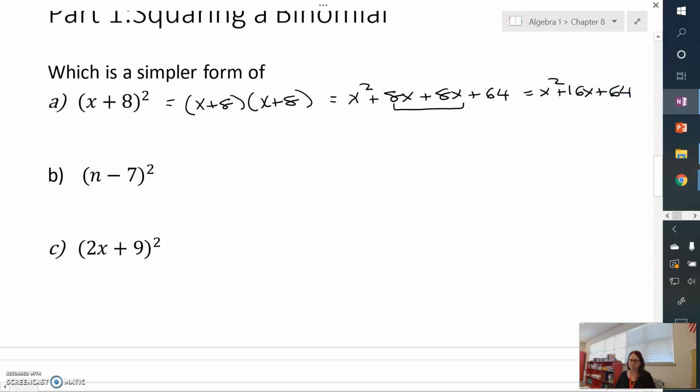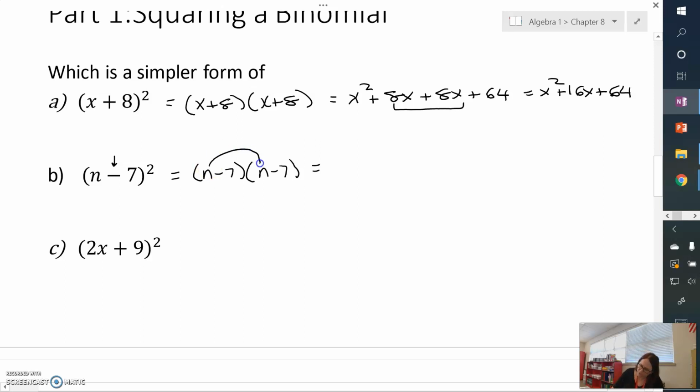And that one's done. Now let's do one where we have a minus in there. So this is going to be n minus 7 squared. n minus 7 times n minus 7. And I'm going to go ahead and FOIL.